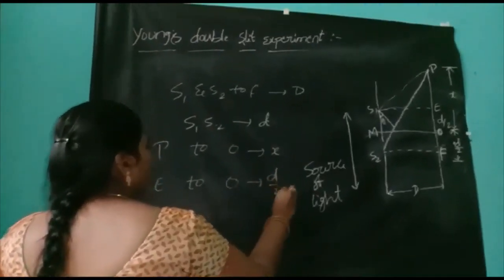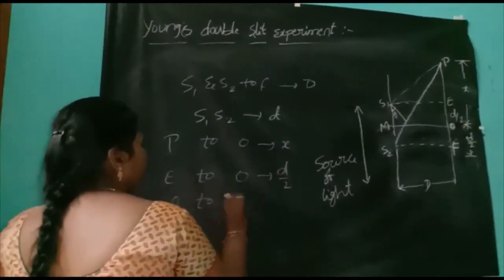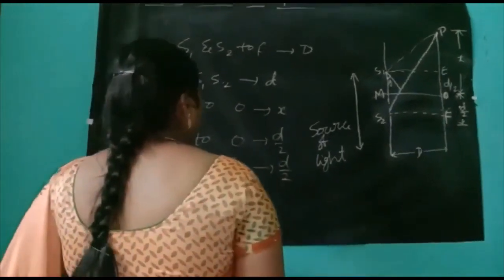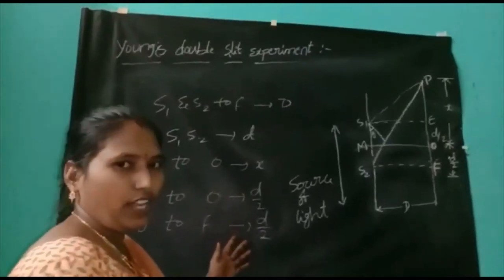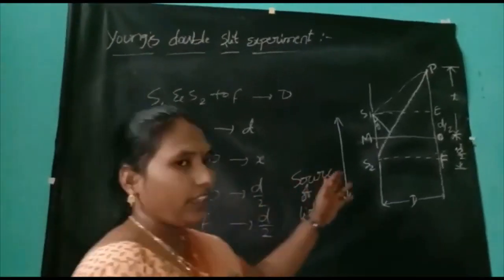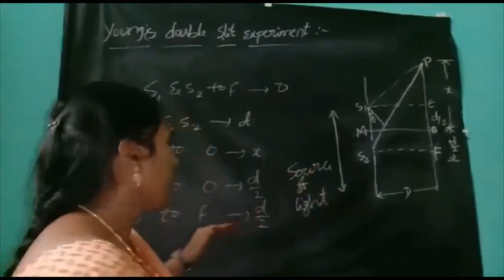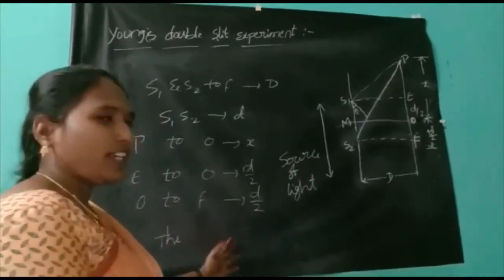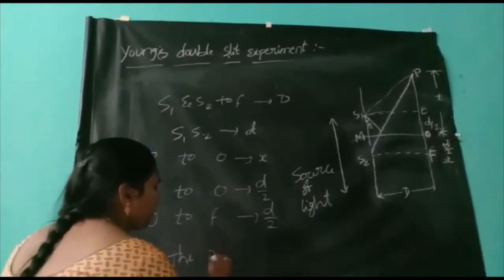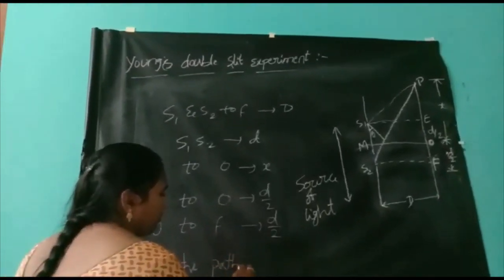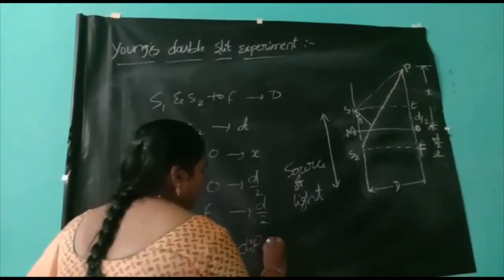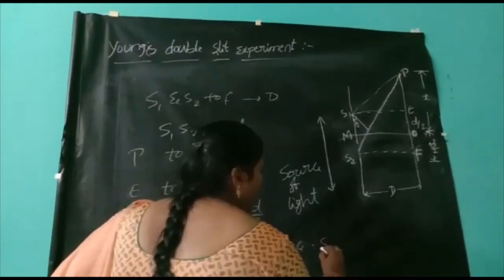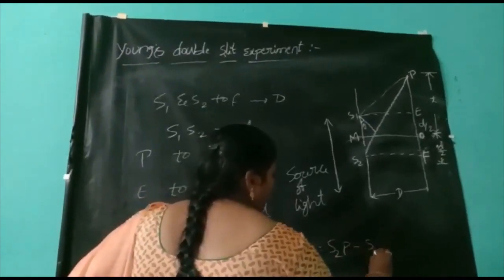The distance from O to F is d by 2. In such cases, we should find the path difference. The path difference is nothing but S2P minus S1P.